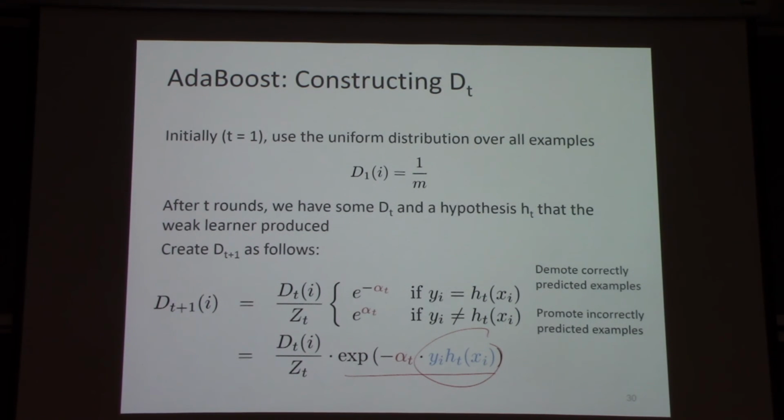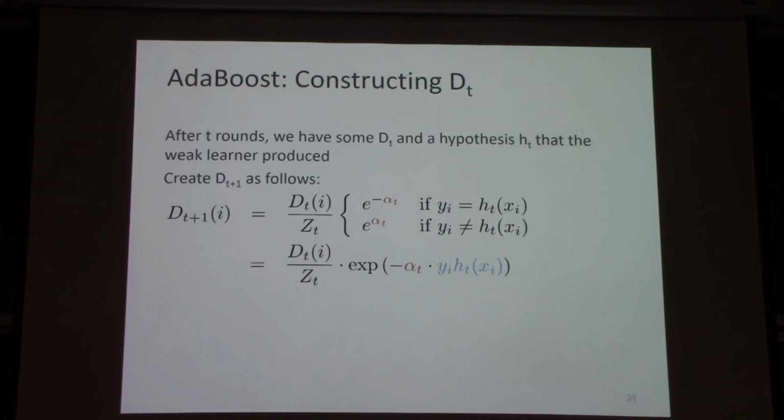At this point, the only thing left to do is to specify what this alpha is. What we desire is that alpha should be a positive number. So let's try to invent an alpha. But before that, I want to remind you that this z is a fairly simple thing.